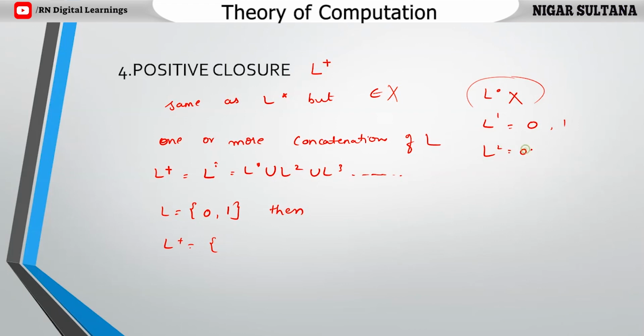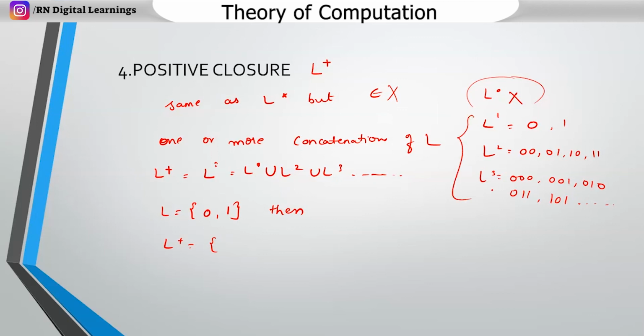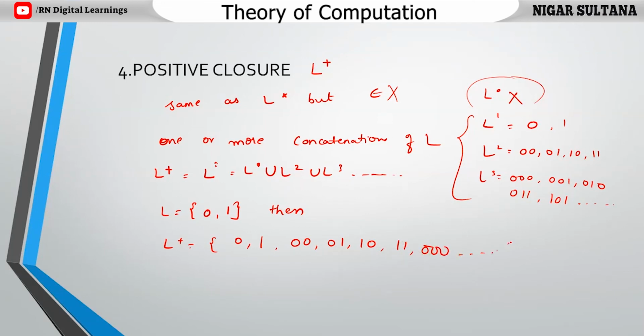Then L2 can be 0 0, 0 1, 1 0, 1 1. L3 can be 0 0 0, 0 0 1, 0 1 0, 0 1 1, 1 0 0, 1 0 1, etc. Again I need to union these. There is no epsilon. Directly start writing from length 1: 0, 1, 0 0, 0 1, 1 0, 1 1, 0 0 0, etc. So this is your positive closure.